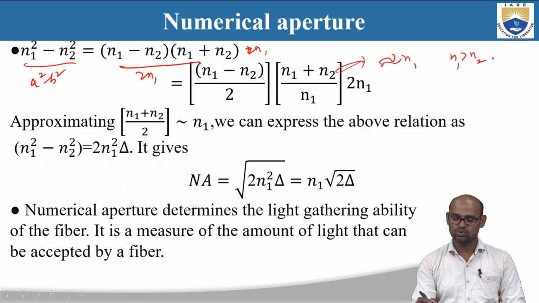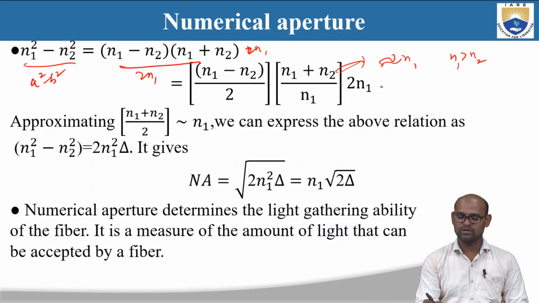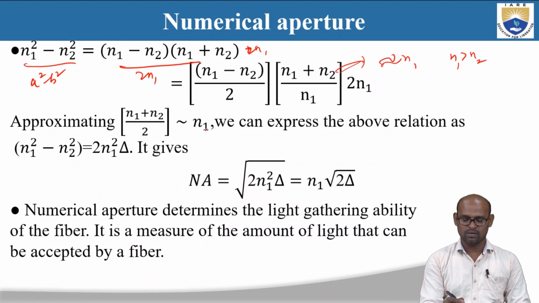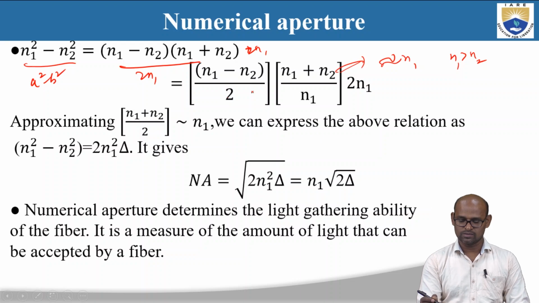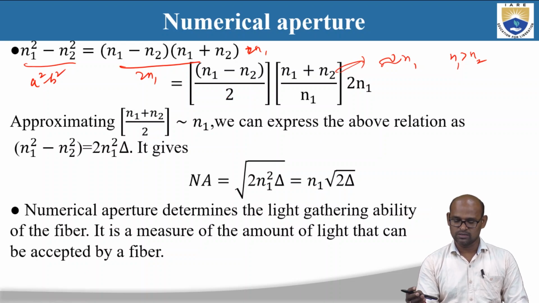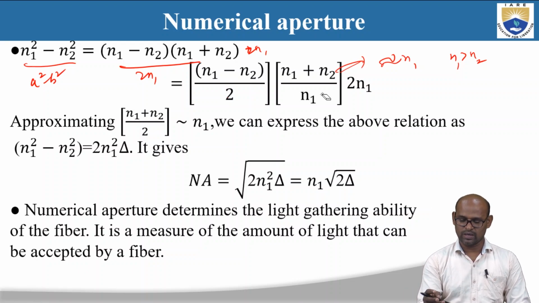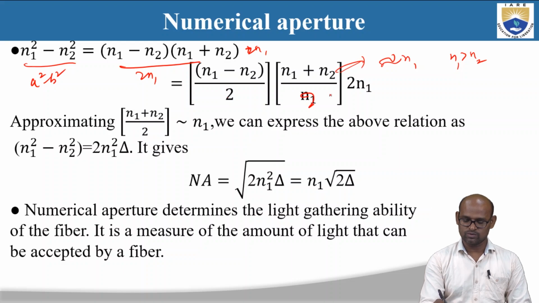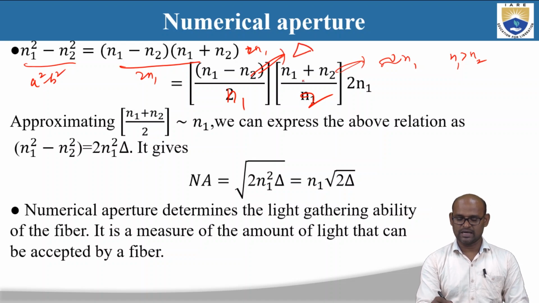n1 is greater than n2, so (n1 plus n2) by n1, so basically you can write it as n1. And this term I am defining, there is a mistake, so (n1 plus n2) by 2 and this is (n1 minus n2) by n1. So this I define as fractional refractive index, and (n1 plus n2) by 2 is defined as n1.